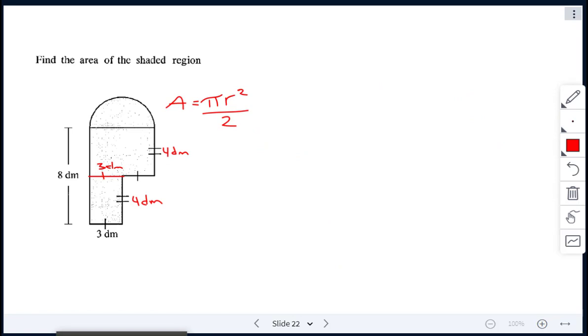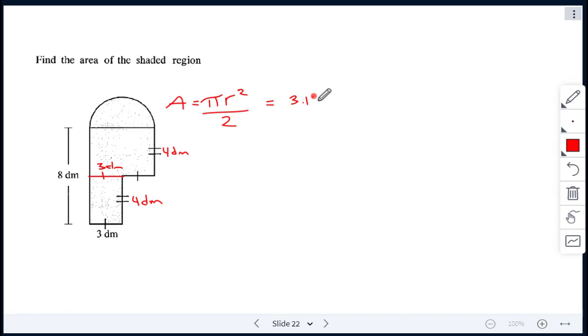Now to figure out the half circle first, area is equal to pi r squared, and then we're dividing it by 2 because it's half the circle.